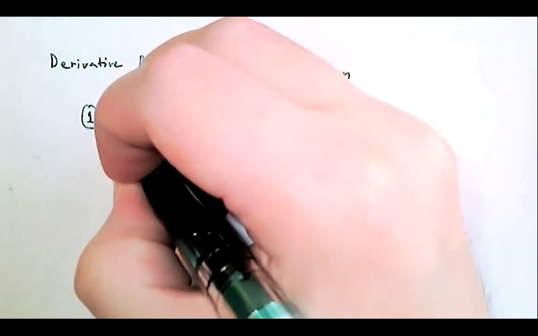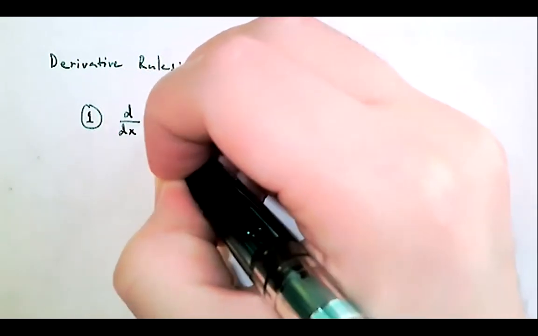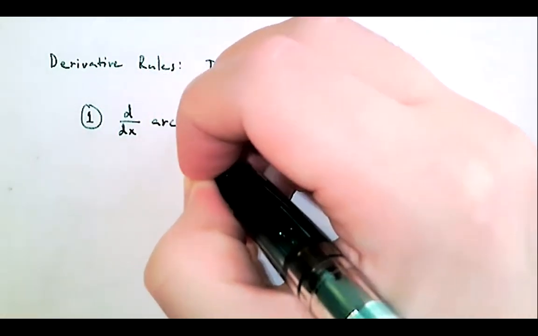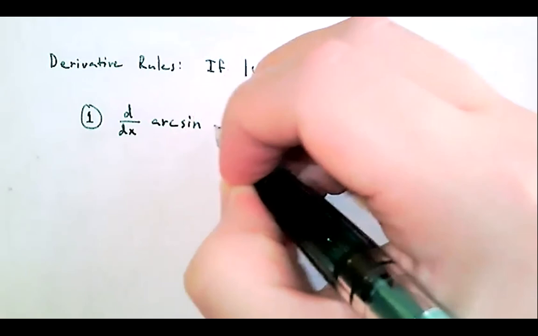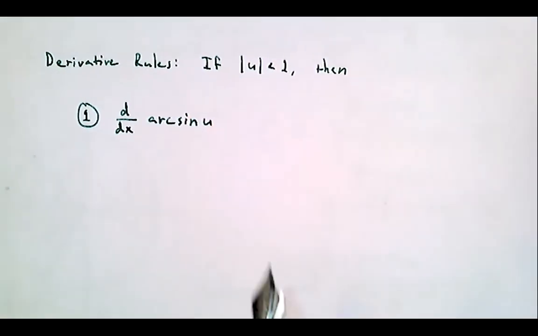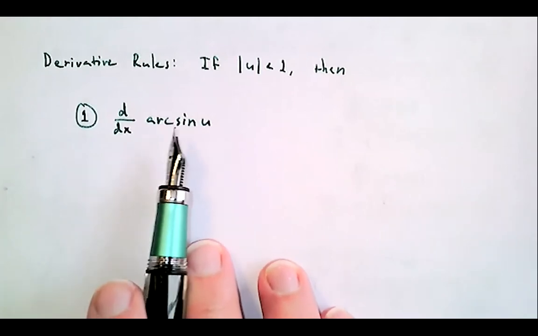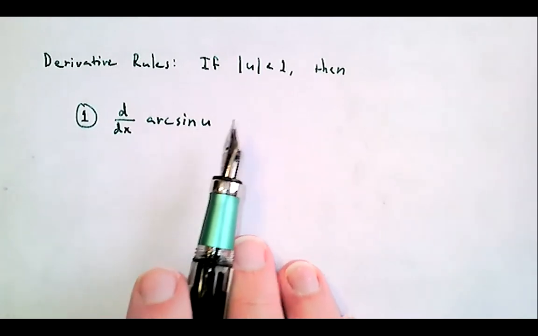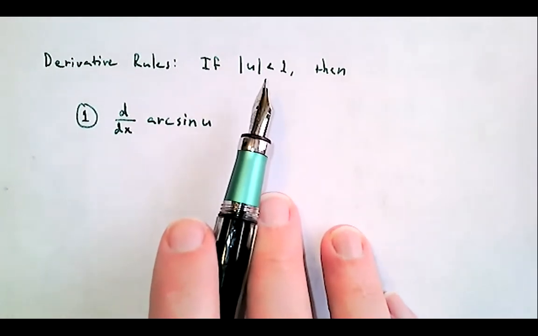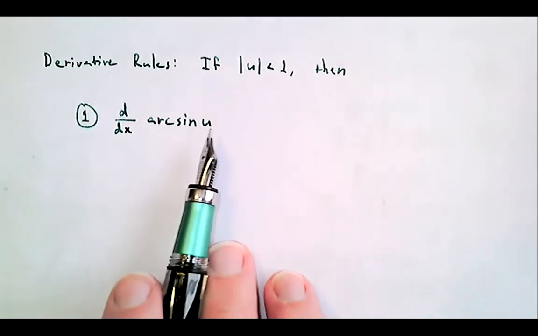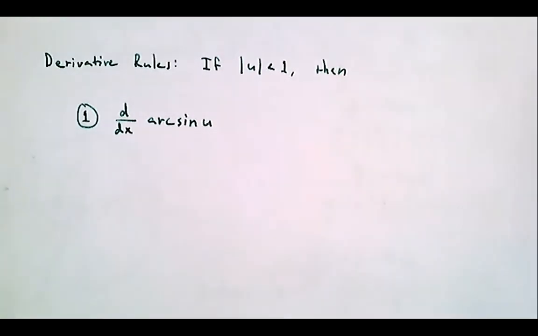The derivative of arc sine with u plugged in. And remember, the domain of arc sine is between -1 and 1. That's why I have this extra bit up here, that my function has to be between -1 and 1.